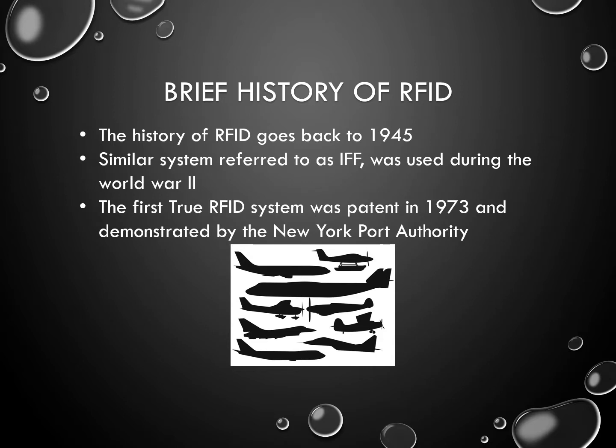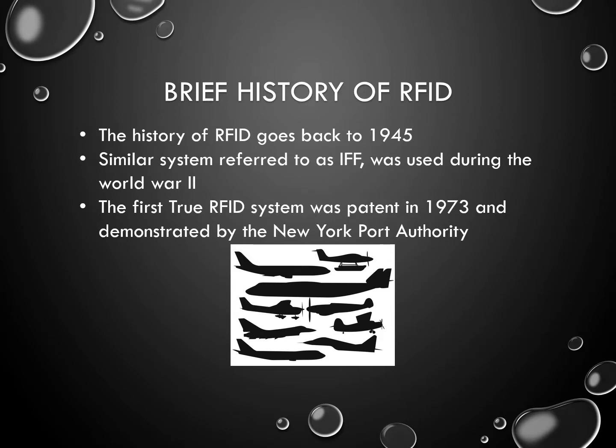So a very brief history of RFID goes back to 1945 when Leon Theremin, a Russian and Soviet inventor, developed a device for the Soviet Union, and this device was used to transmit incident radio waves with added audio information.